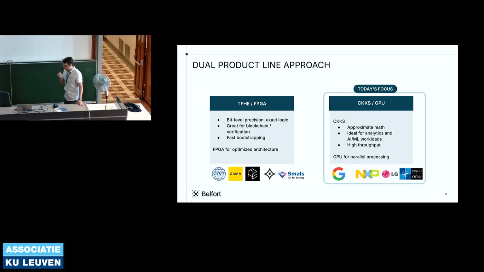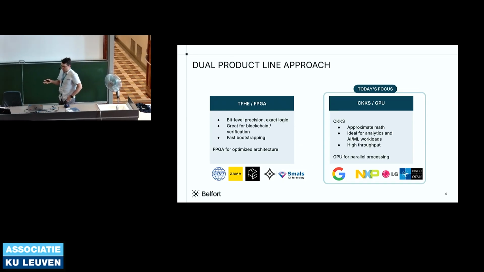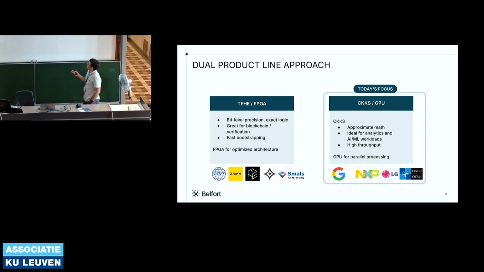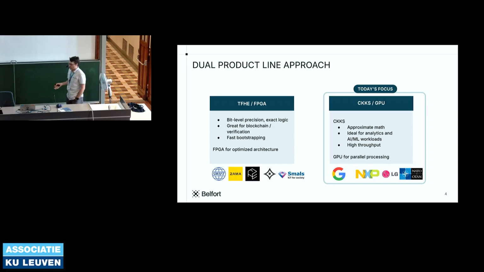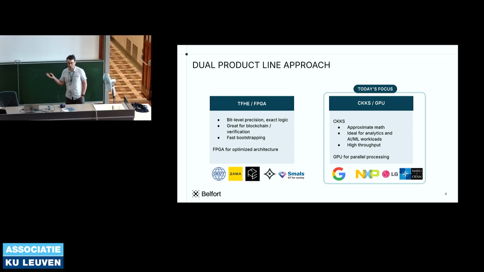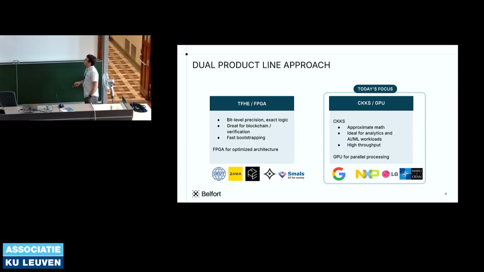At Belfort, we have two product lines. The first one on the left is based on TFHE and uses FPGAs. That's actually the commercial version of the FPT accelerator that you saw in the previous presentation.